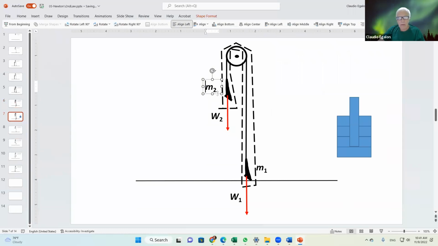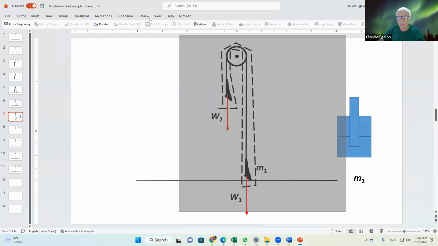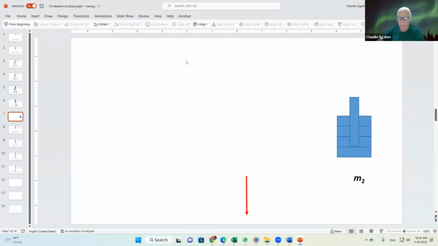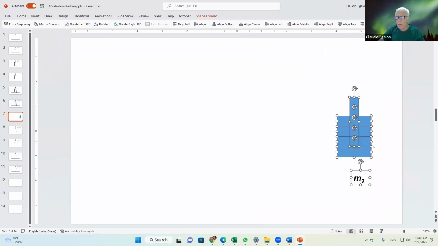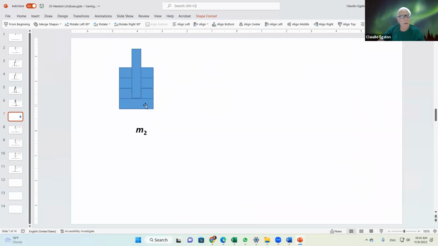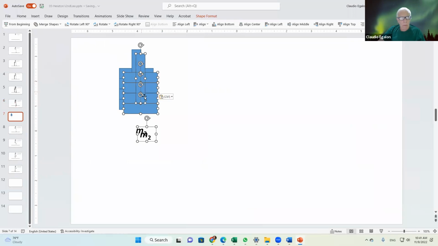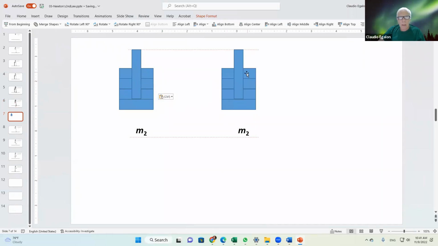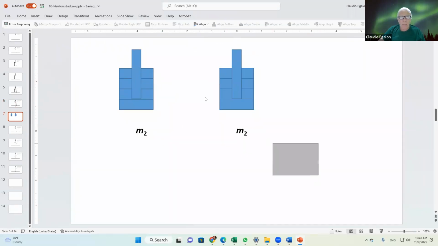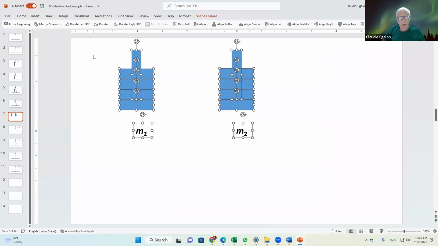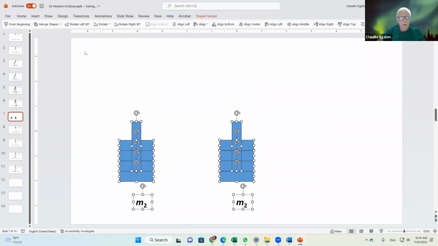I'm going to put, let's say this one is M2. Everything else, move it here. Okay, and M1 is going to be, let me put more slotted masses here, otherwise we're going to run out of space, right?